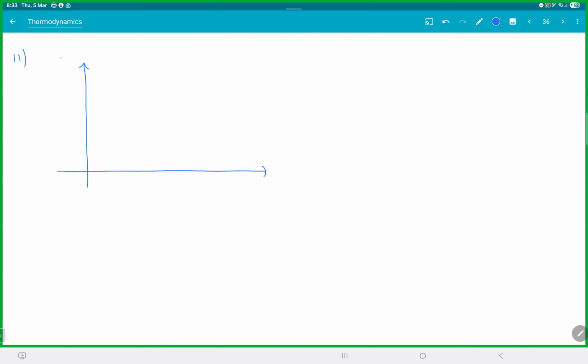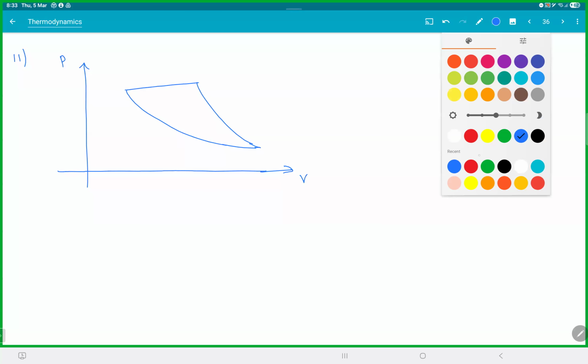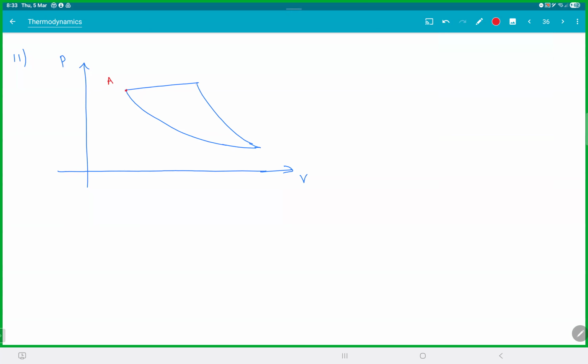Are those cams on? So we got a PV graph here. A, B, and C. This is V naught.